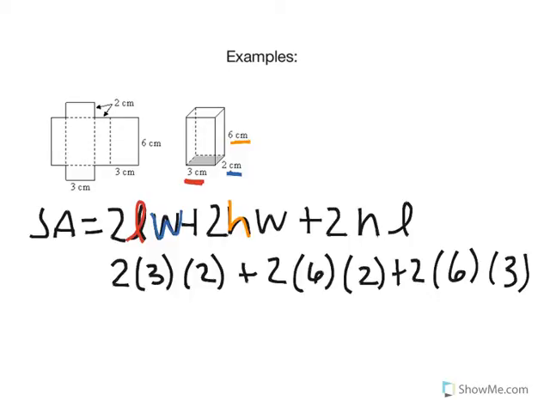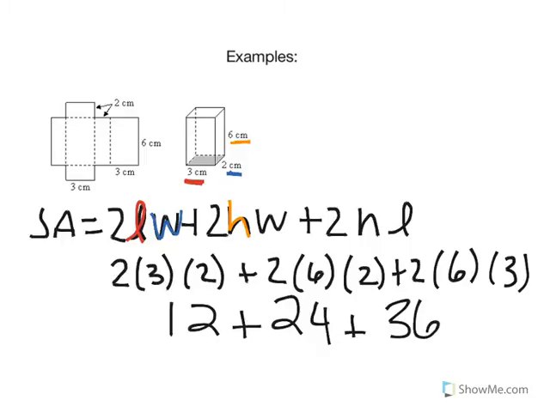So 2 times 3 times 2 equals 12. 2 times 6 times 2 equals 24. And 2 times 6 times 3 equals 36. So now we're going to add these all together.